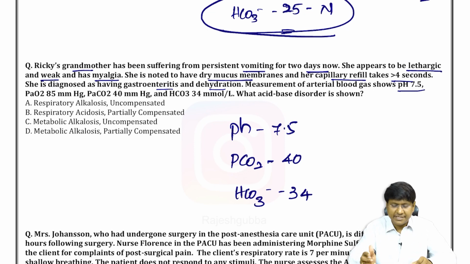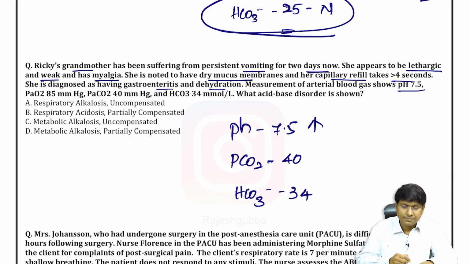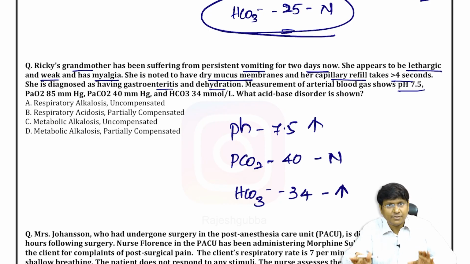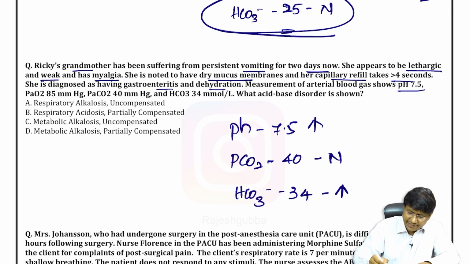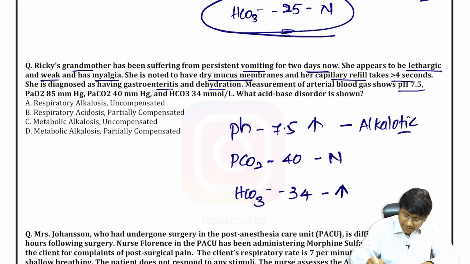So what has happened to pH? The pH is increased. And what has happened to carbon dioxide? The carbon dioxide is within the normal limit. And what has happened to bicarbonate? Bicarbonate is increased. Okay. Now, the point here is the pH. The pH is alkalotic, right? But carbon dioxide did not change. What is the only change? Bicarbonate. So it is metabolic alkalosis, right?